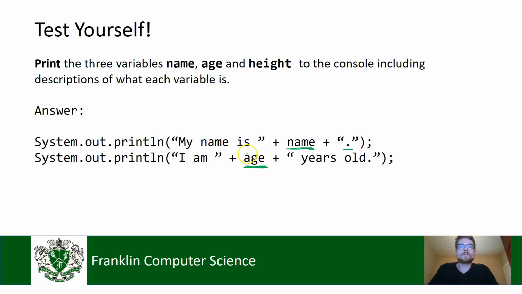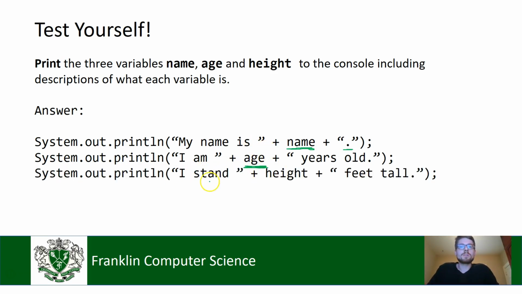It's not a string because there's no quotes around it. And let's look at the next one. Similar to the one above it, "I stand" blank height "feet tall". So it's going to go find the value of height and use that instead of height as a string, right? It's going to go find that value.